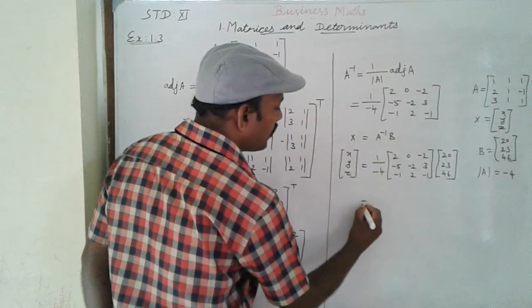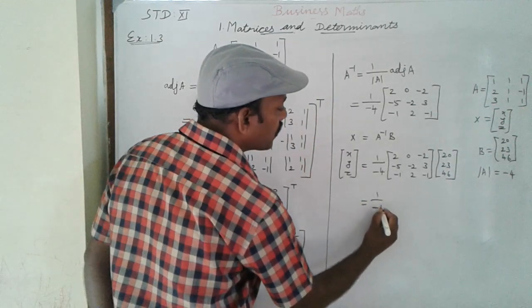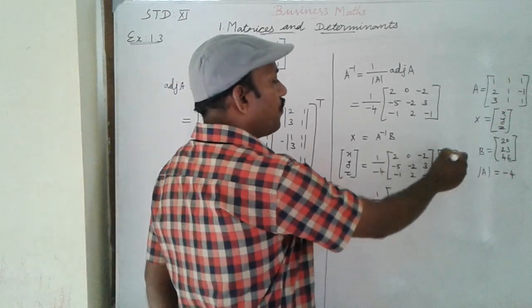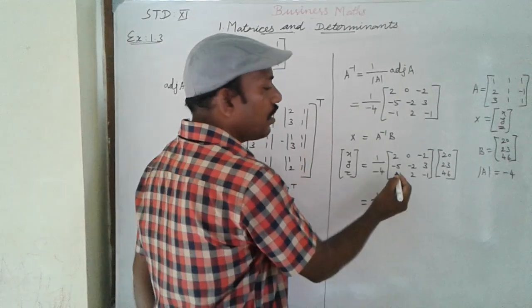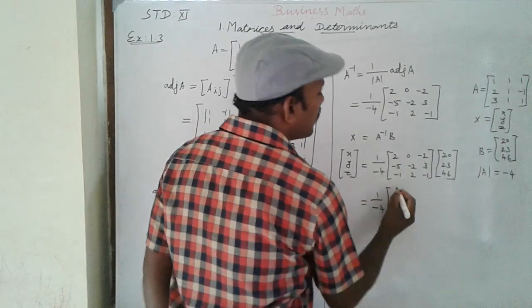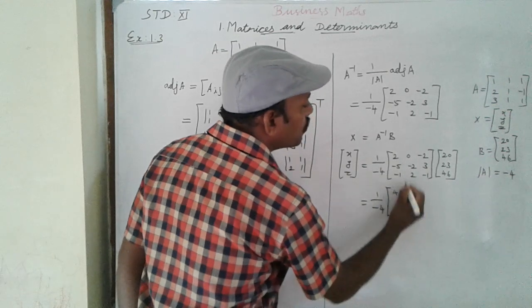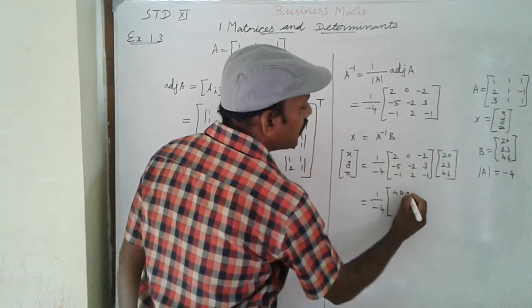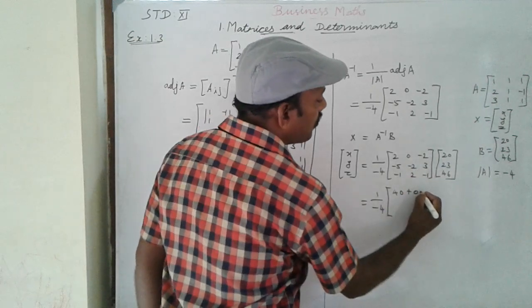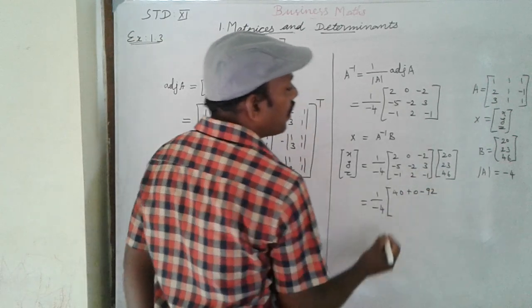So we should multiply this by 1 divided by minus 4. First row, first column: 2 into 20 is 40. 0 into 23 is 0. Minus 2 into 46 is minus 92.